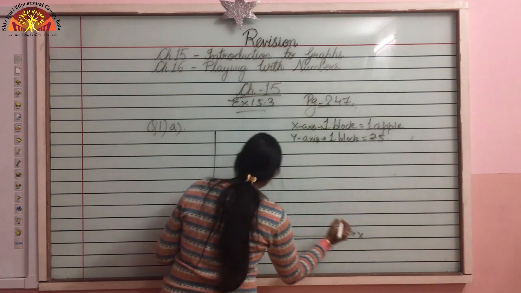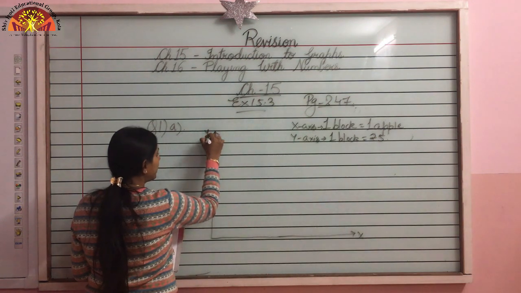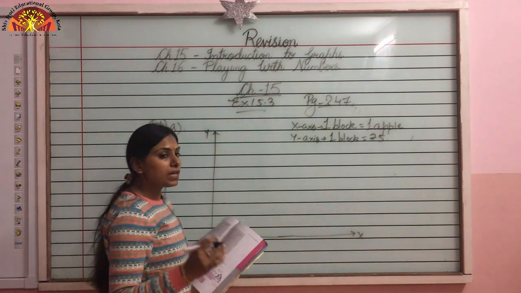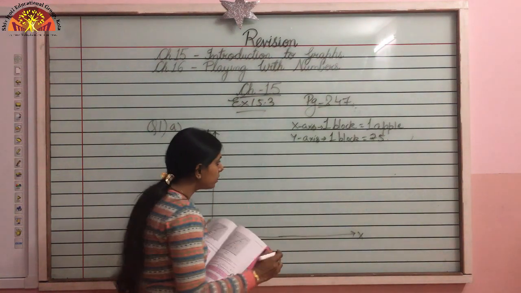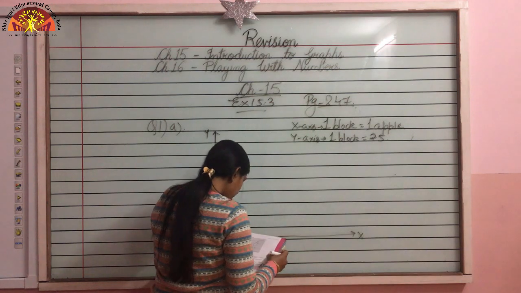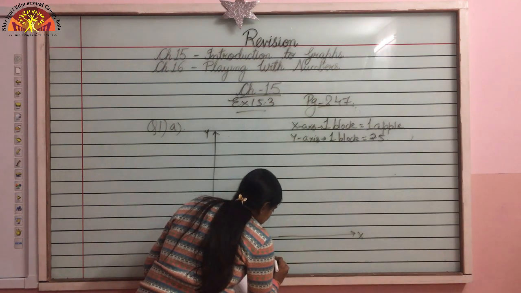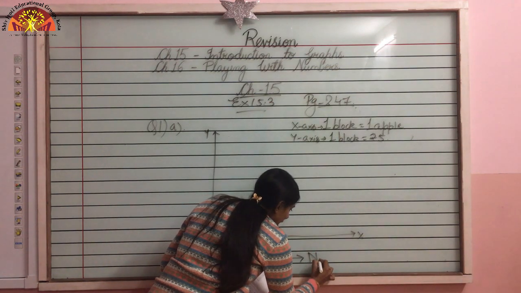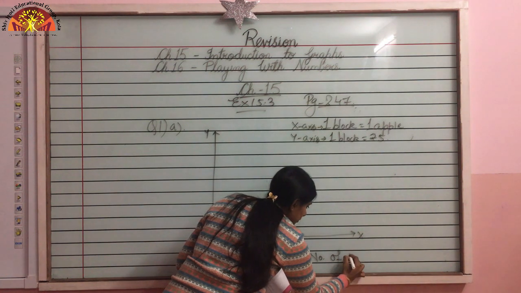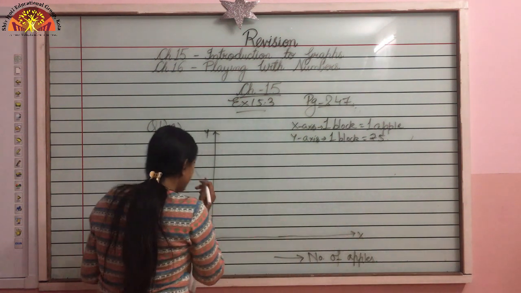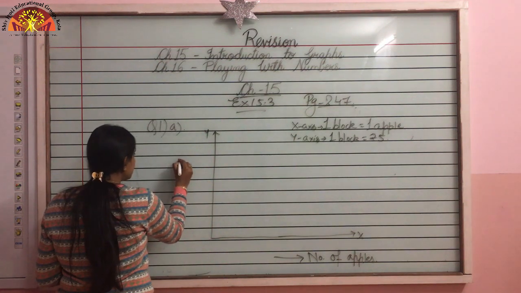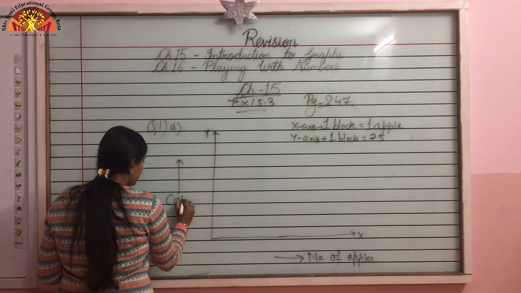So this is the x-axis and this is the y-axis. Okay, so children, whatever things you are taking on the x-axis, it is compulsory to mention there. So on the x-axis we are taking the number of apples, so you have to write it over here, number of apples. Okay, and on the y-axis I am taking the cost.